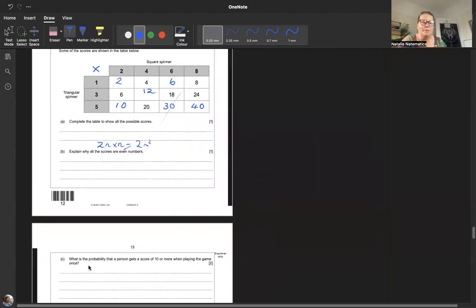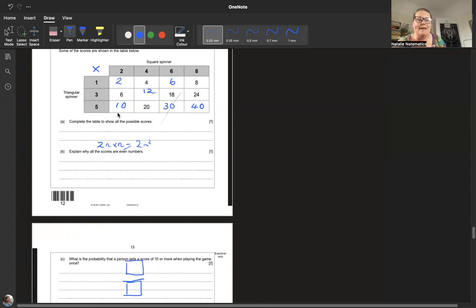So here we're going to have a fraction, with a number on the bottom, and I'm going to put a little box there, and a number here. The number at the top is how many scores are there of 10 or more?